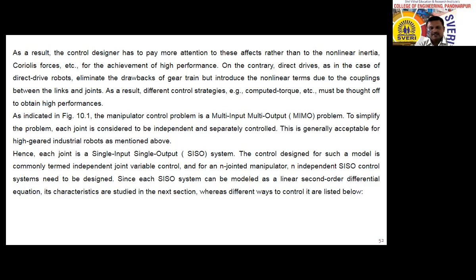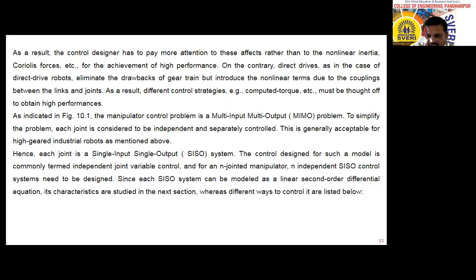As indicated in figure 10.1, the manipulator control problem is a multi-input, multi-output, that is MIMO, problem. To simplify the problem, each joint is considered to be independent and separately controlled. This is generally acceptable for high-geared industrial robots as mentioned above. Hence, each joint is a single-input, single-output, SISO, system.